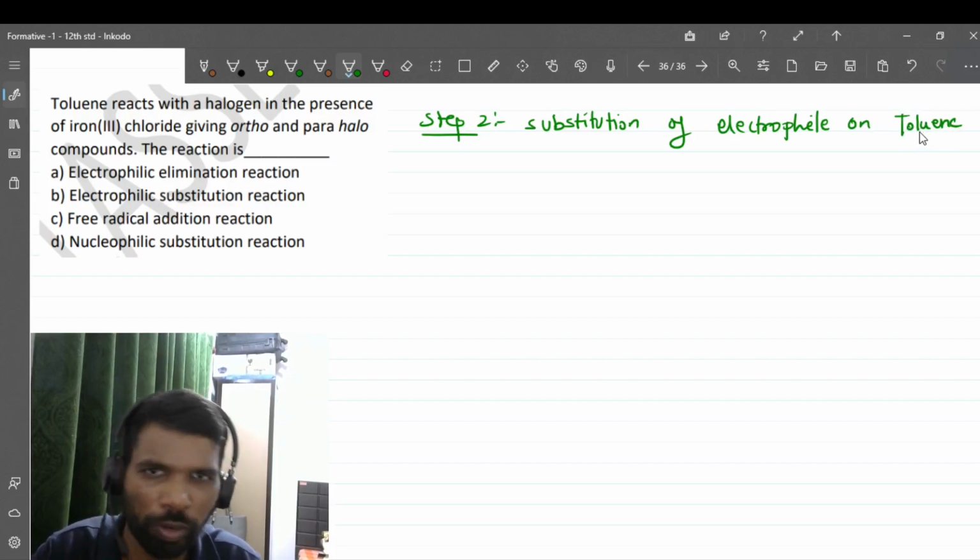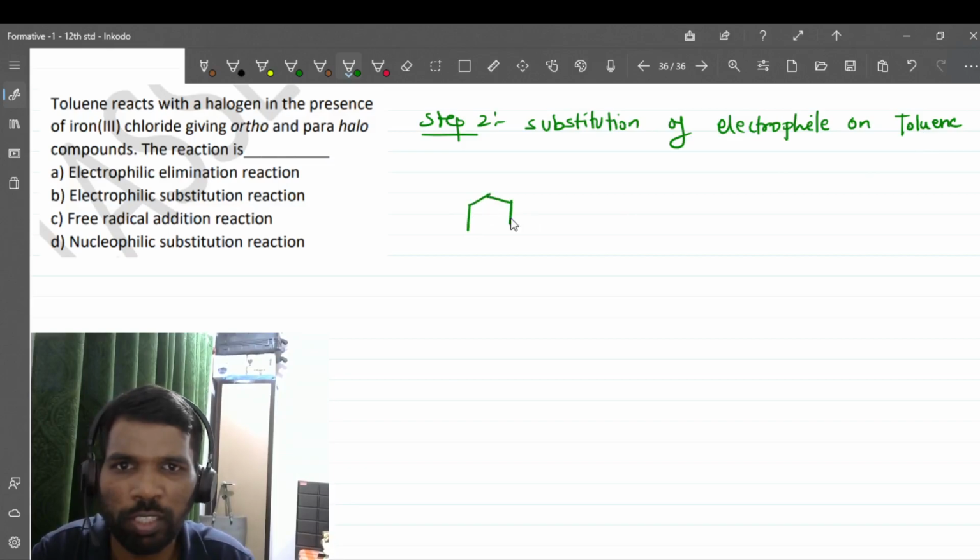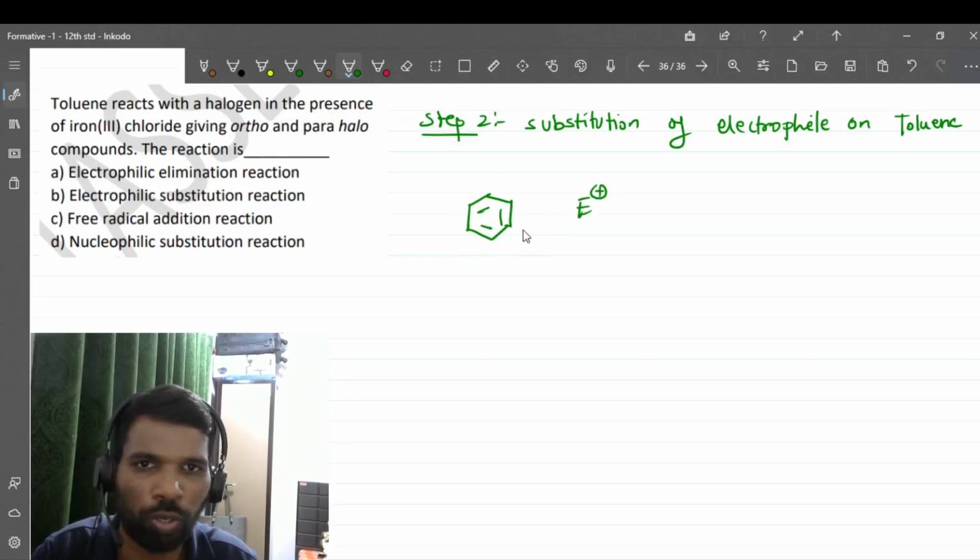Even if it was not toluene, just understand. If it was just this benzene, and this is the electrophile E plus ion, it can get substituted to any position.